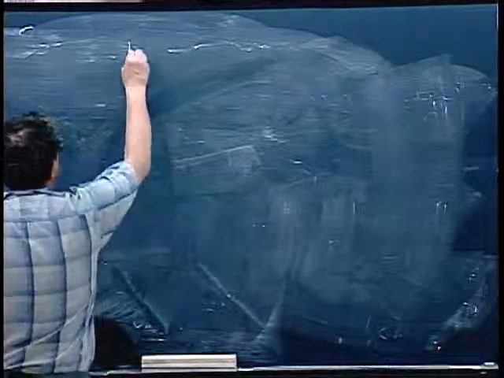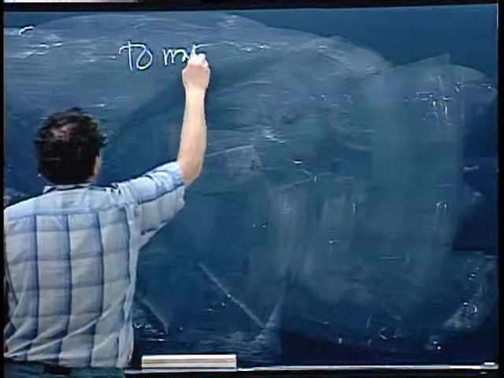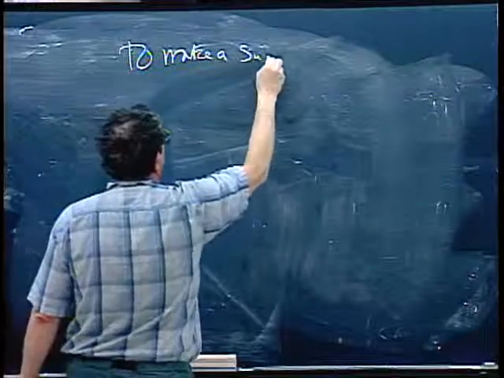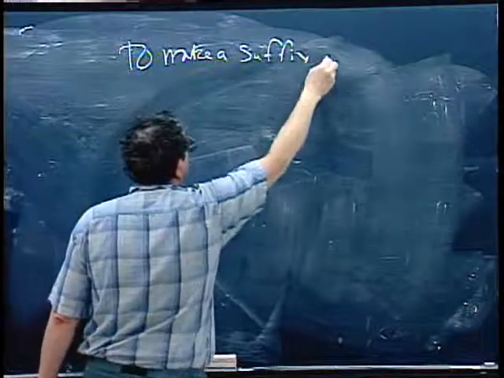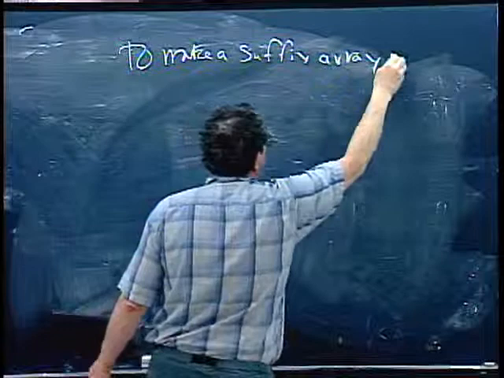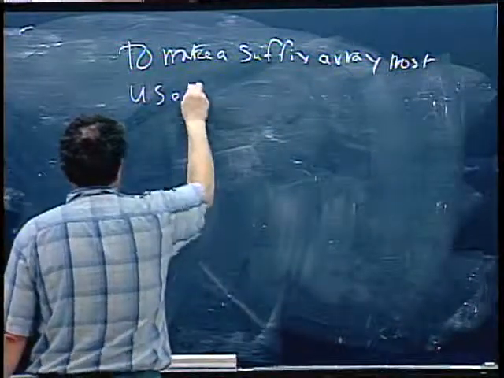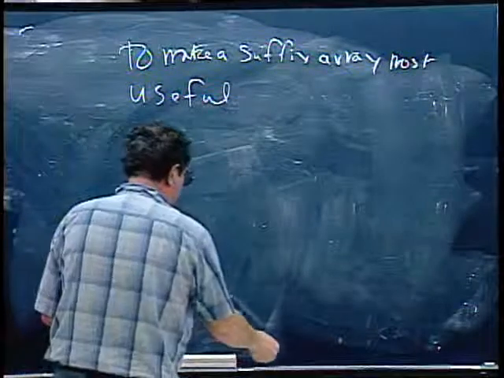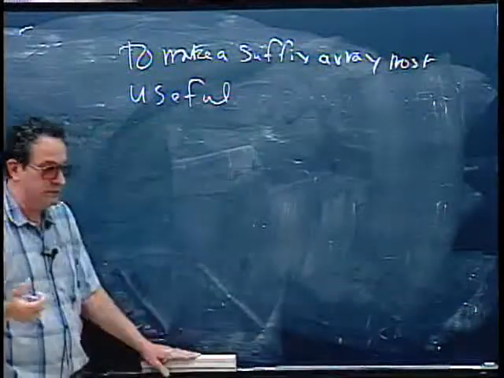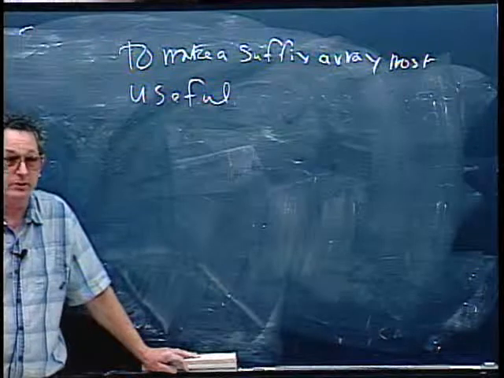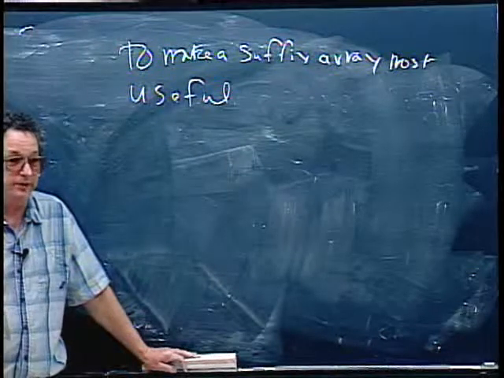But to make a suffix array most useful, well, what do I mean by that? Well, there are lots of string problems that can be solved in linear time using suffix trees.